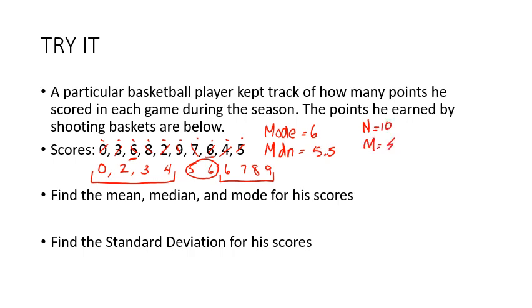M equals the sum of all the scores divided by N. And so the sum of all these scores are 9 plus 8 is 17, 19 plus 9 is 28, 35, 40, 50. 50 divided by 10 equals 5. So 5 is what we're going to take away from every score in order to get the deviation.